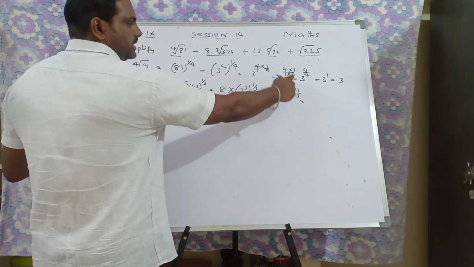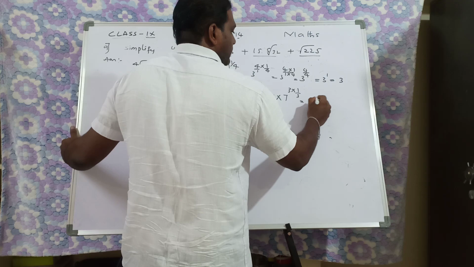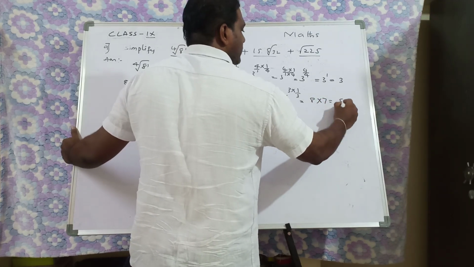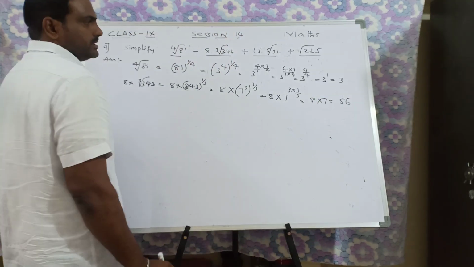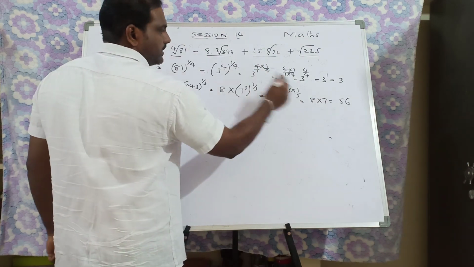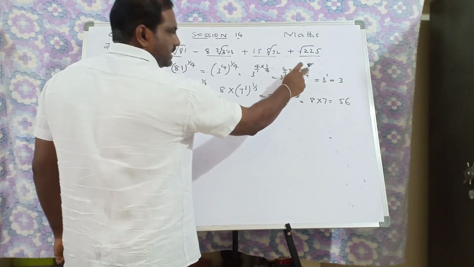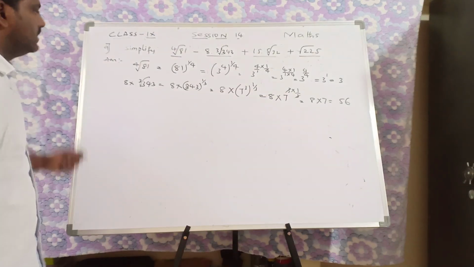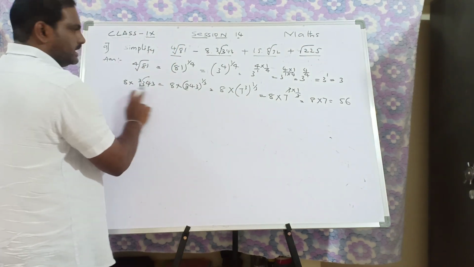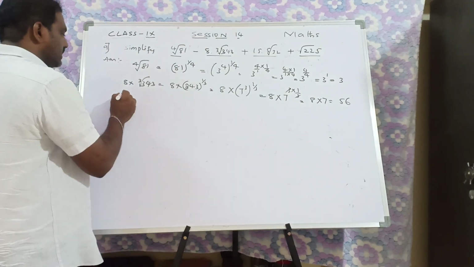How much will you get? These two may cancel. I'll write 8 into 7. 8 sevens are 56. So here it is 8 into 7, 56.